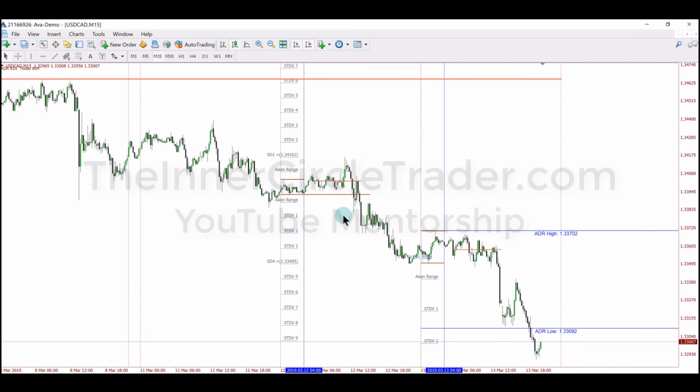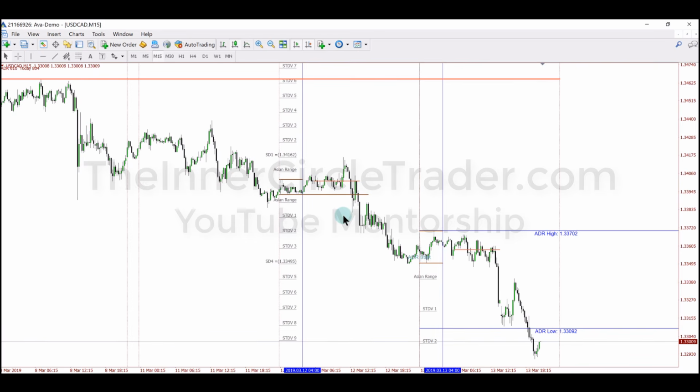In this instance, if you want to be expecting the Judas swing to form, and how much market protraction should take place, you can obviously see during this particular day, Tuesday, yesterday, we had a nice consolidation during the Asian range, unlike what we saw here on the central bank dealers range.